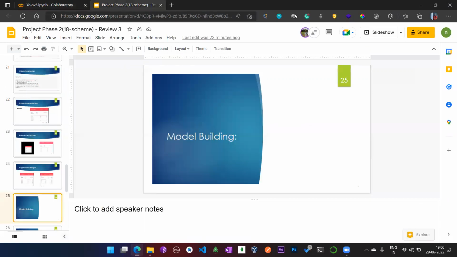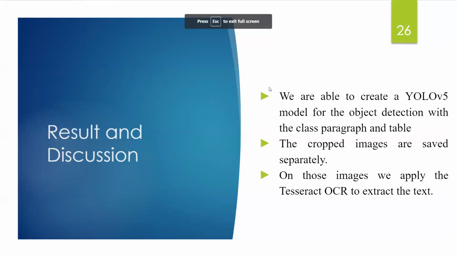Next, as you can see, we have used a YOLO v5 model for object detection, so the classes like paragraph and table will be detected, and these images will be stored in the crop folder. Paragraph and table images are cropped and stored in separate folders.